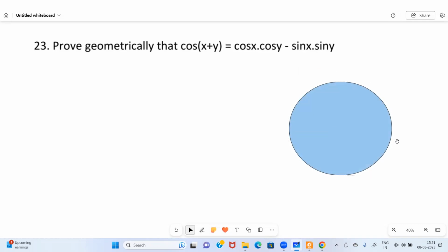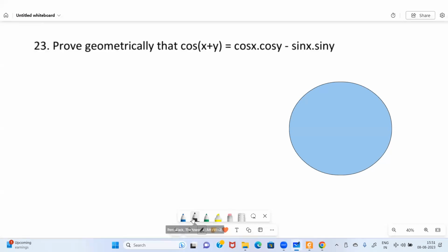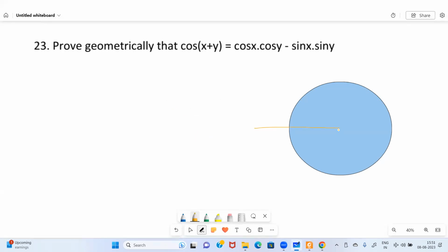So let us draw a circle, which is a unit circle. What is a unit circle, students? A circle whose radius is 1. Then we draw the x-axis.